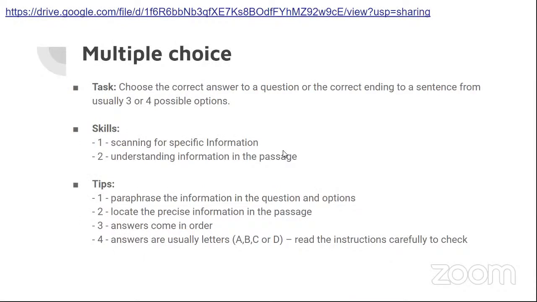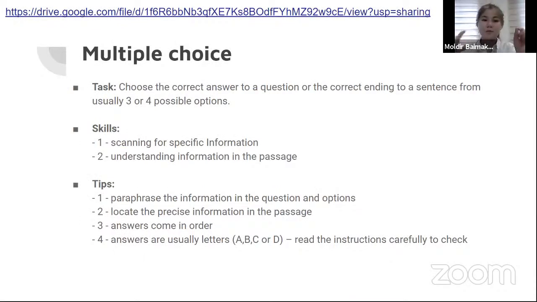So let's go through this quickly because we have small practices. Here, of course, we know that we have to choose the correct answer among three or four possible options. The skill we need is scanning for specific information.